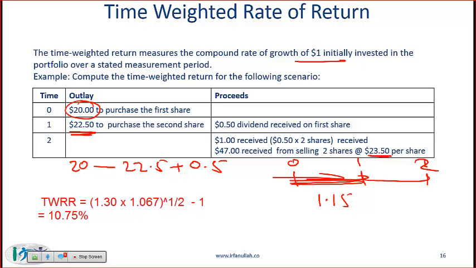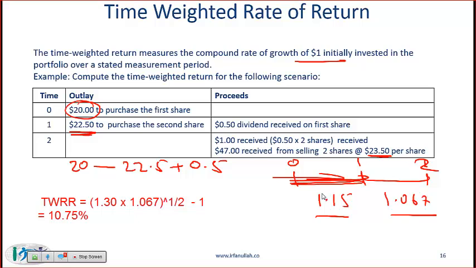So you essentially in the second year have 24.00 and your investment was 22.50. So when you do that division, 24 divided by 22.50, you get 1.067. The time-weighted return then is the geometric mean or the geometric average of these two numbers.